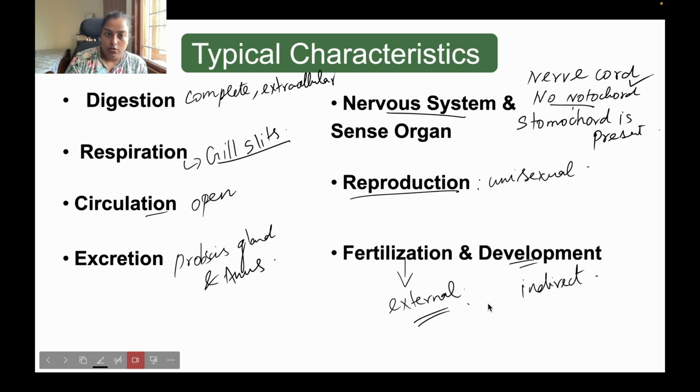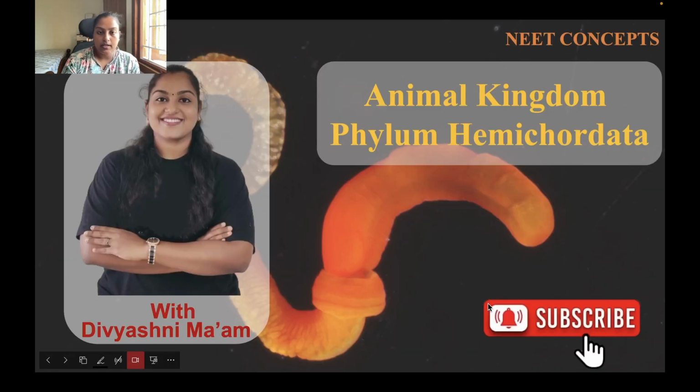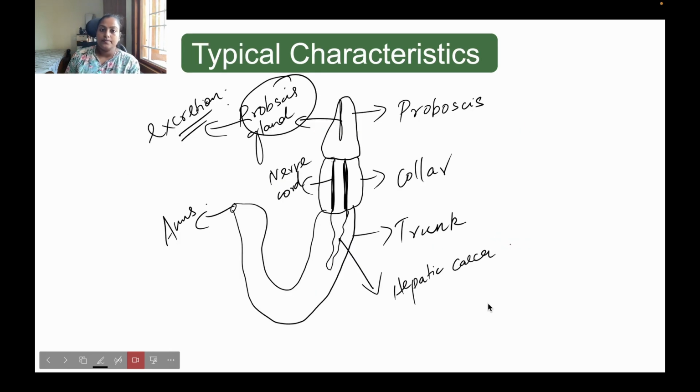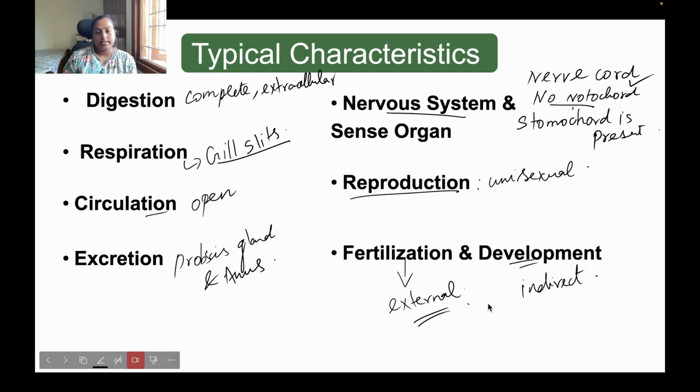That's all. So a quick glance of whatever we learned. Today we learned about Hemichordata. Habit: they are exclusively marine and solitary. Organ system level of organization, bilateral, enterocoelom, triploblastic, tube within tube, deuterostomate, and segmentation is absent. And they have a proboscis, collar and a trunk, and they have a proboscis gland which helps in excretion. Yes.